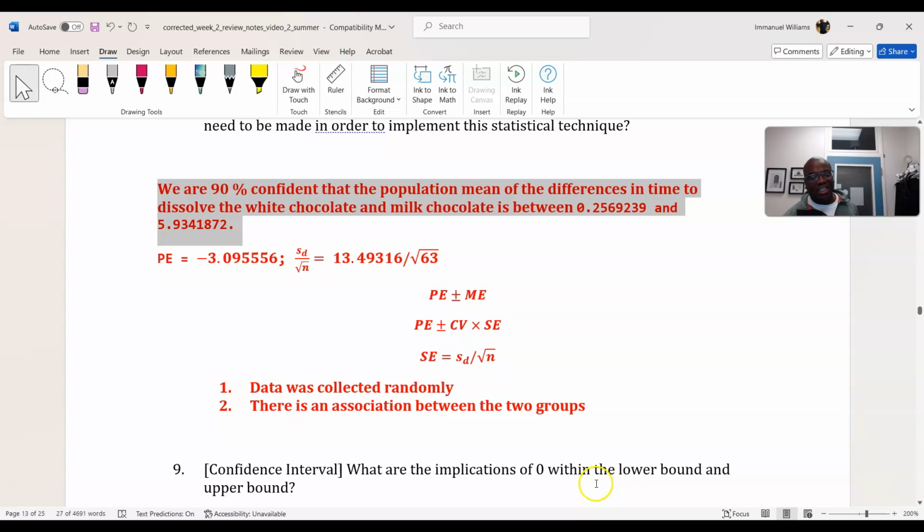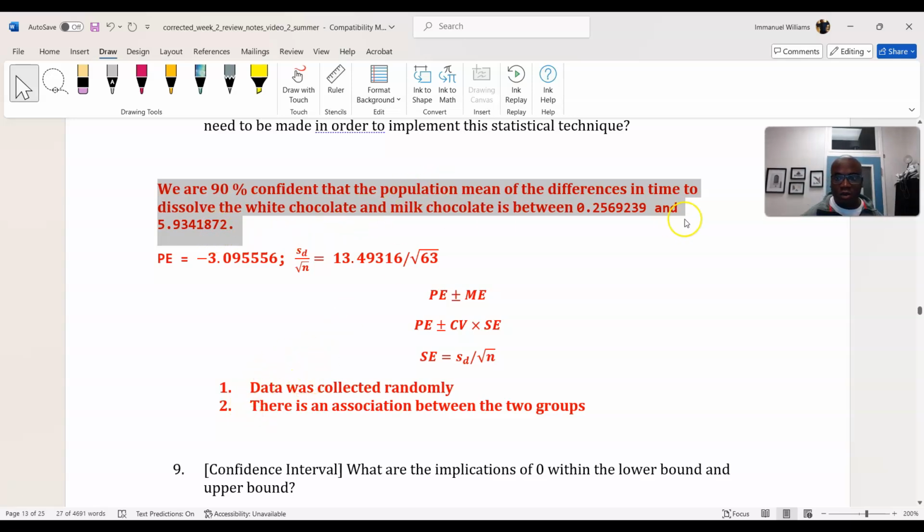Sorry, got a lot of words there. So if 0 is within the lower bound, upper bound, it's plausible for there to be no difference between the dissolve time of the chocolates. But if 0 is not within, based on the data, it's indicative that it's plausible for there to be a difference in the dissolve time.